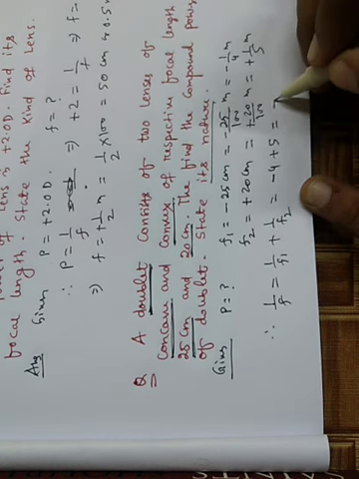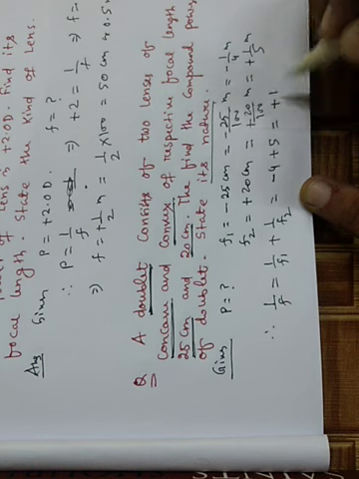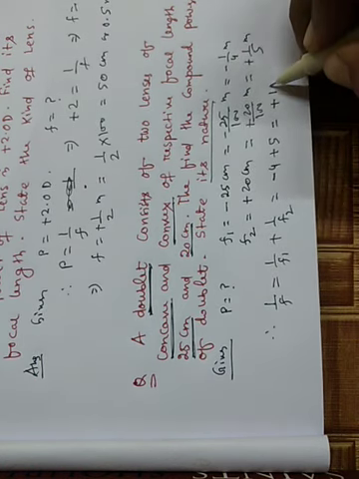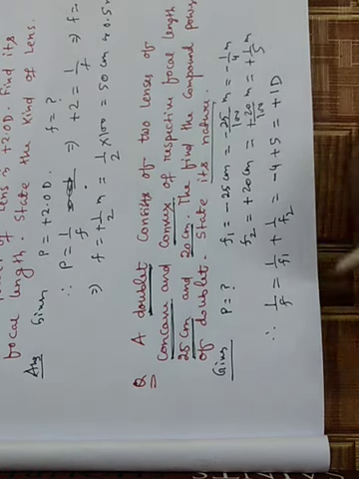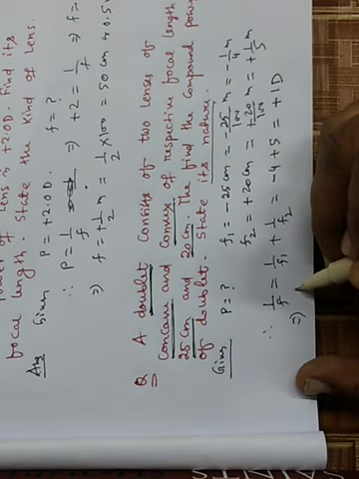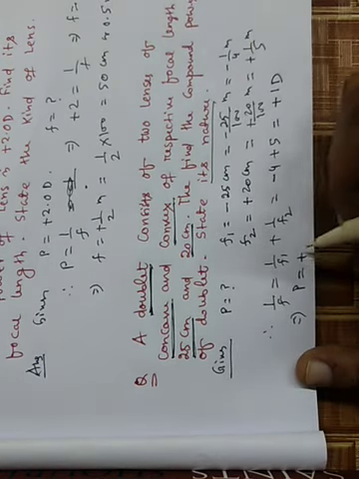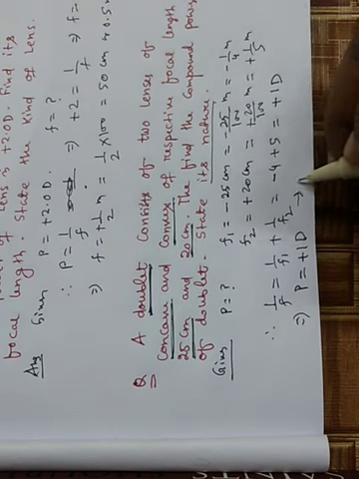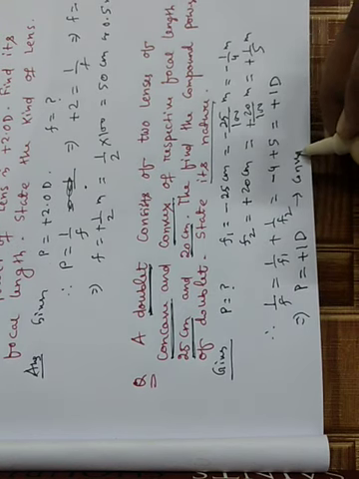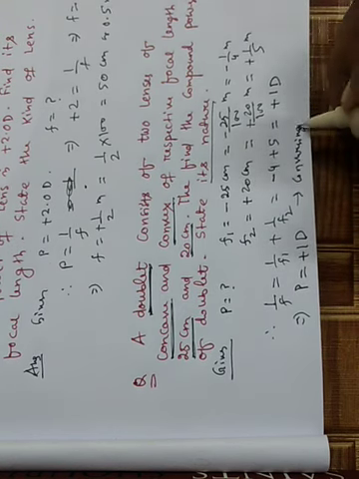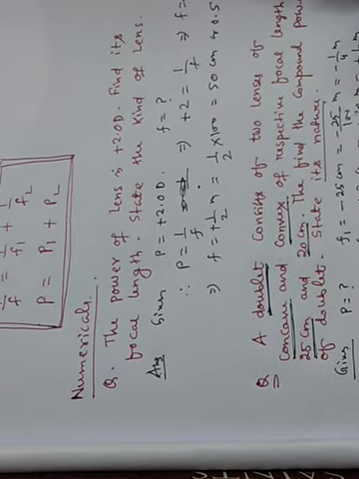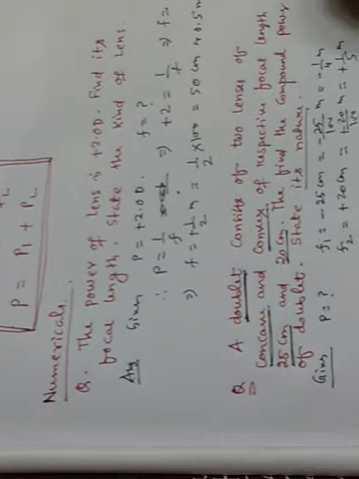That represents plus 1. 1 by F is equal to plus 1, and as it is SI unit, it will be written as diopter. 1 by F means power. Power is equal to plus 1 D. So the nature of the combined system is converging. After getting this, you can do the numericals and questions in your exercise and book. Thank you.